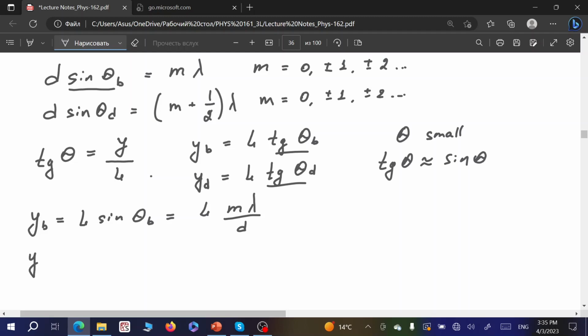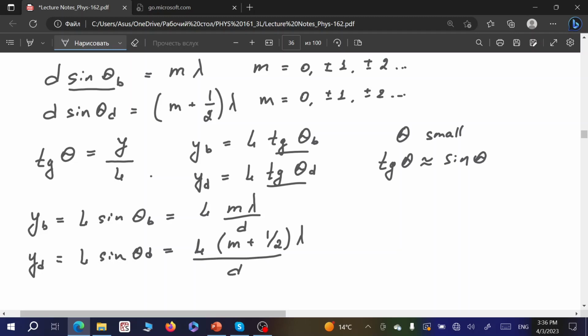And y dark, the position of the center of the dark fringe, will be given as L times sine theta dark, and that is equal to L times m plus 1/2 lambda divided by d.